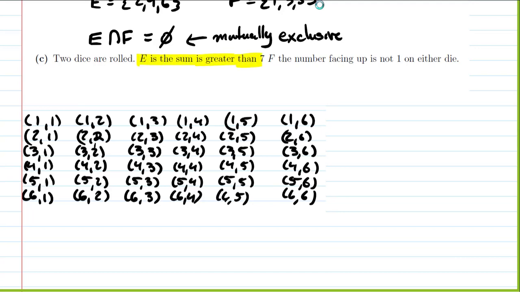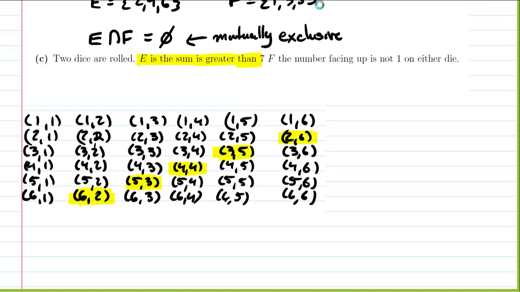To get 7, that would be this diagonal, right? But we don't want 7. What do we want? Greater than 7. So those events aren't in the sample space. To get numbers bigger than 7, 2 plus 6 is 8, 5 plus 3 is 8, 4 plus 4 is 8, 3 plus 5 is 8.